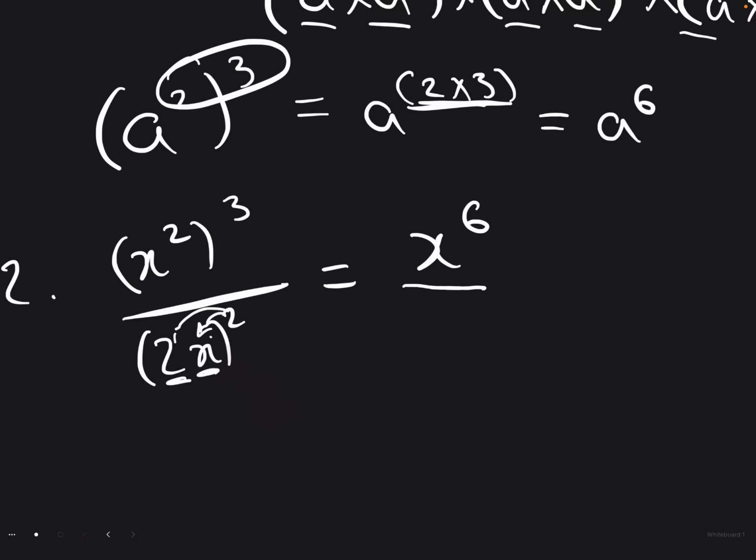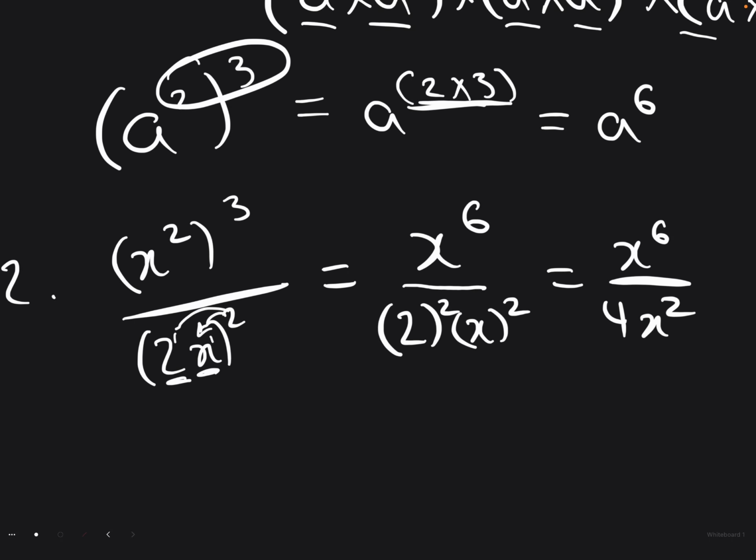So there's a 1 here, there's a 1 here. You would multiply this 2 with this 1 here, and this 2 with this 1 here. So this becomes 2 raised to 2, x raised to 2, which is also 4x squared.